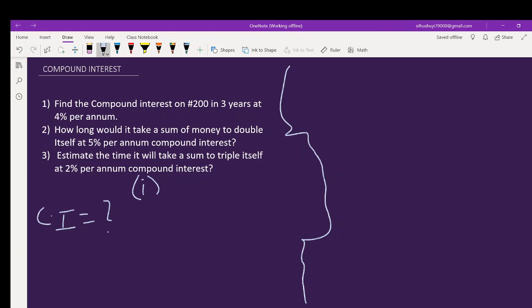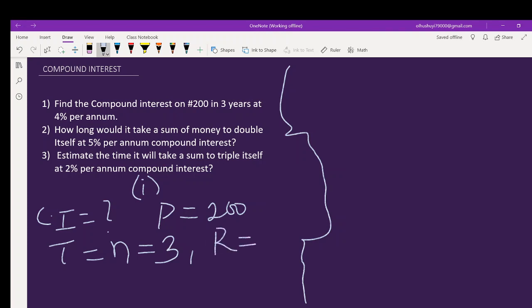Find the compound interest on 200 naira. That is the principal, 200 naira. Then the time is 3, where the time is the number of years, from the formula I gave, it is equal to n and it is equal to 3. Then the rate is 4%.